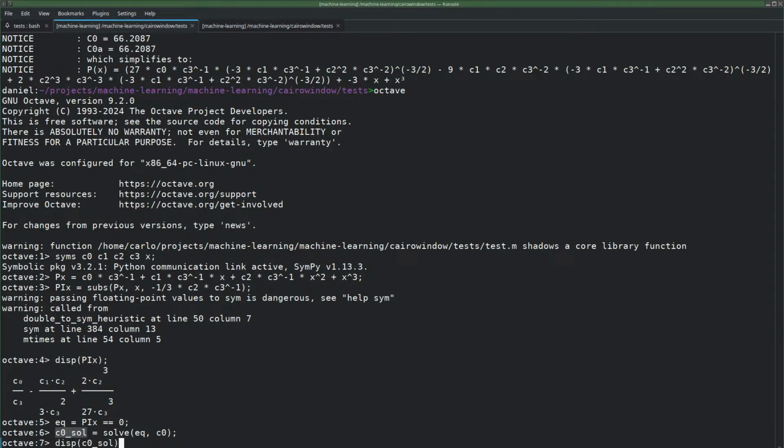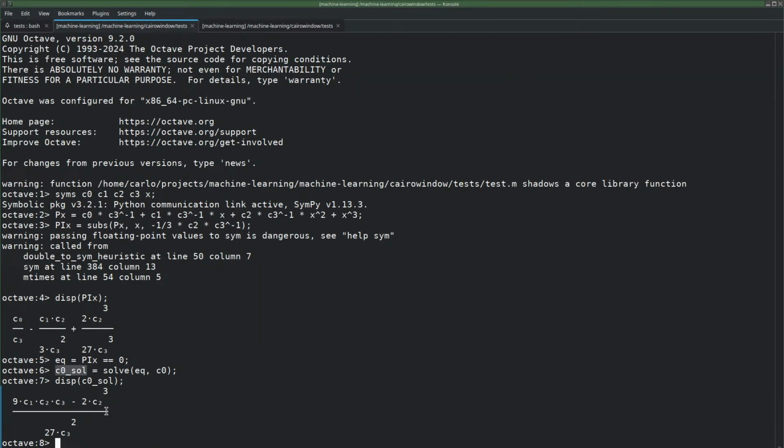If you make C0 equal to this, then this thing should be 0. Well, I believe that, right? I mean, so divided by, so what is divided by, really?